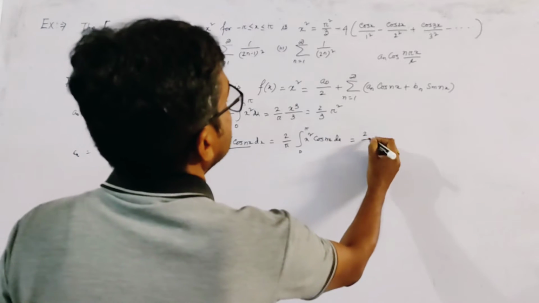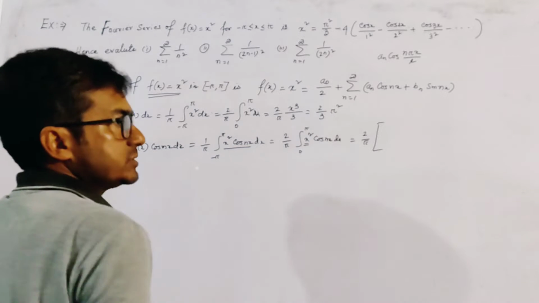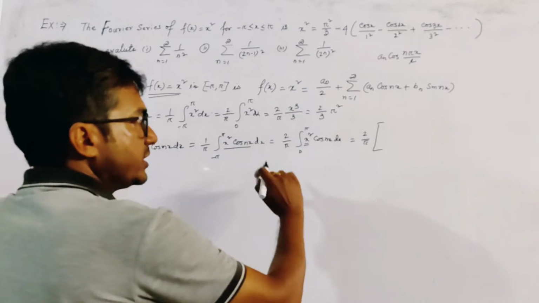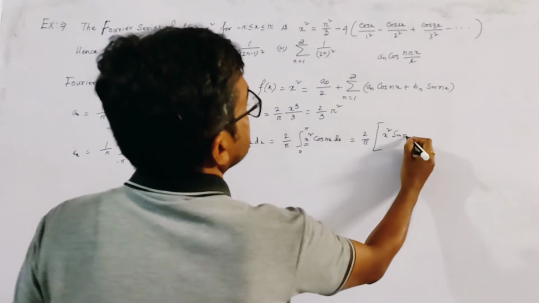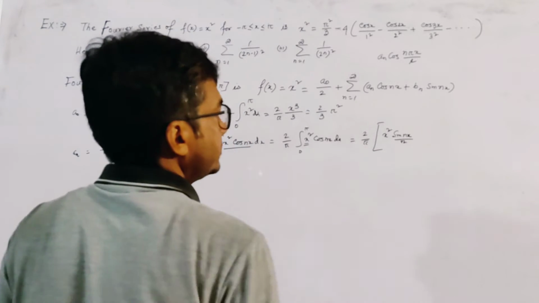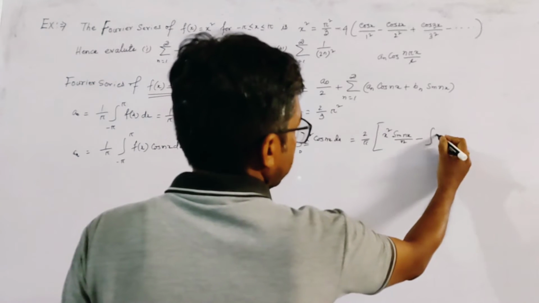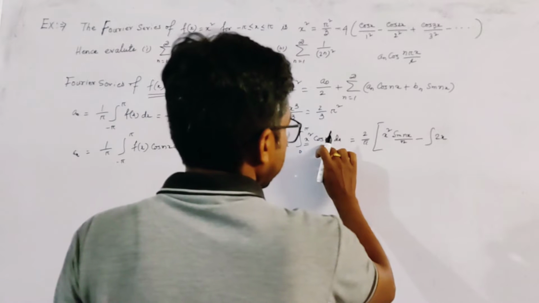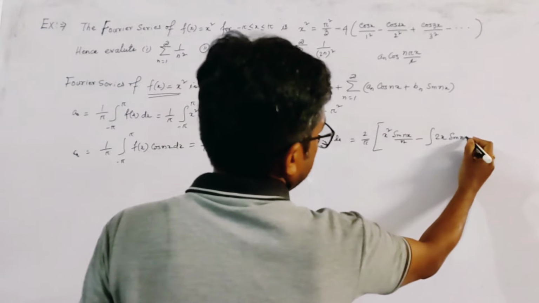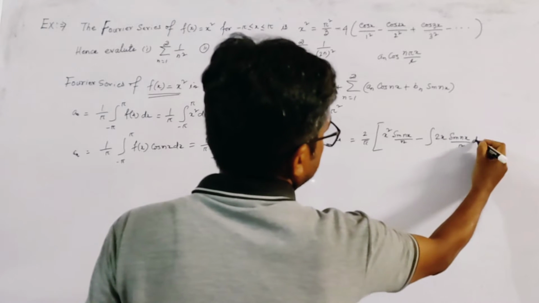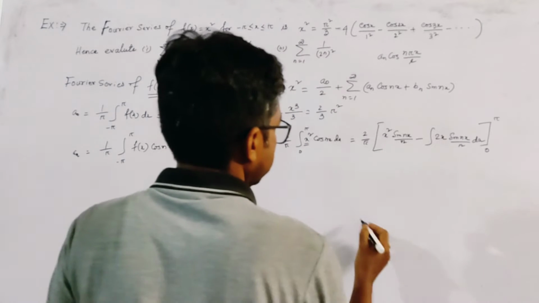We get 2 by pi into, this is the first function and this is the second function, so we get x square into sin nx by n minus integration, the derivative of the first function is 2x and the integration of the second function is sin nx by n dx, and the range is 0 to pi.